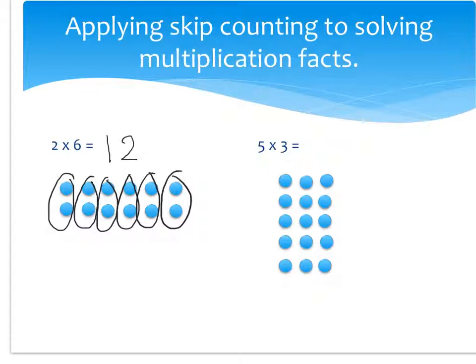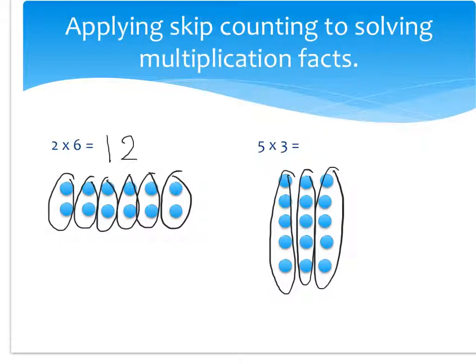Let's skip count by 5s in the next one. The problem is 5 groups of 3, or 5 times 3. I have my array here that represents 5 groups of 3. So I'm going to circle my groups of 5. That's a group of 5, and a group of 5, and a group of 5, and now I can skip count. 5, 10, 15.